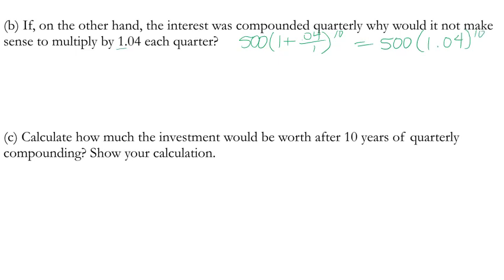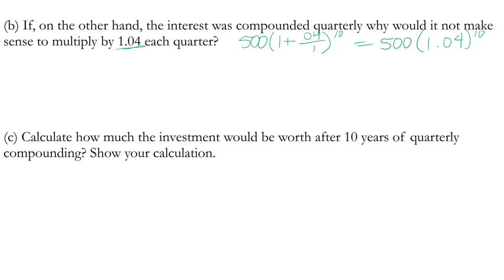So that's where they're getting this 1.04 from. Why doesn't it make sense if they're compounding quarterly? Well, if you're compounding quarterly, you'd be dividing that interest rate by 4 because you're not paying 4% every quarter. You're paying 4% over the course of the year.